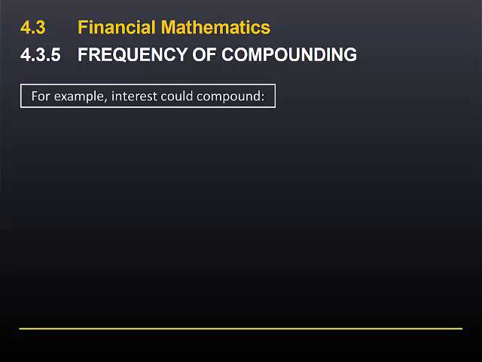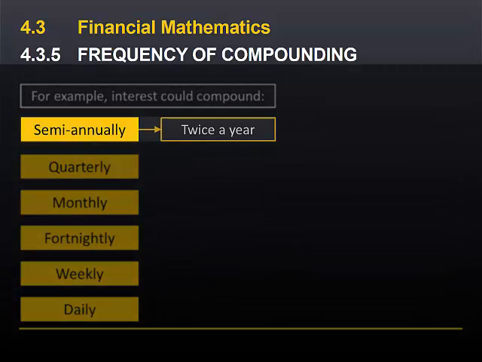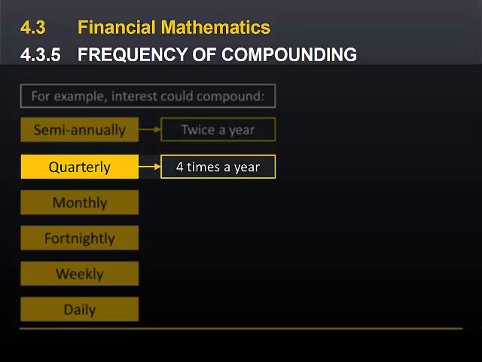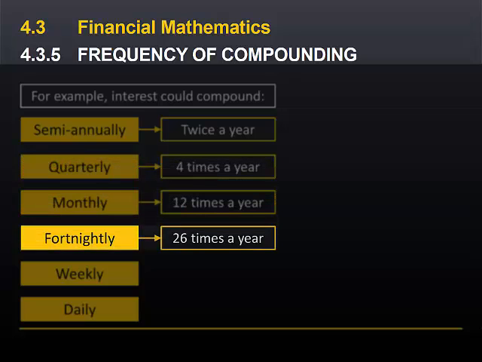For example, interest could compound semi-annually, which means twice a year, quarterly, which means 4 times a year, monthly, 12 times a year, fortnightly, 26 times a year.